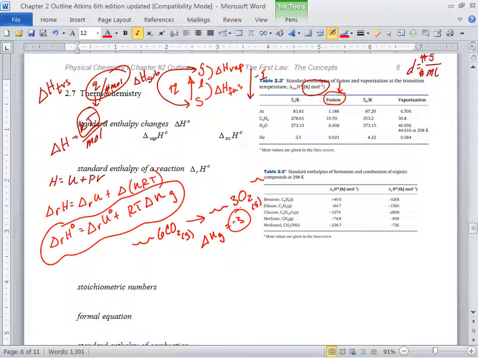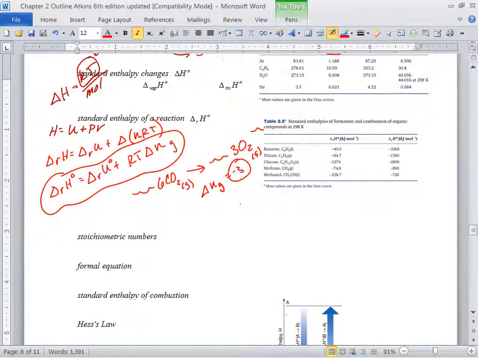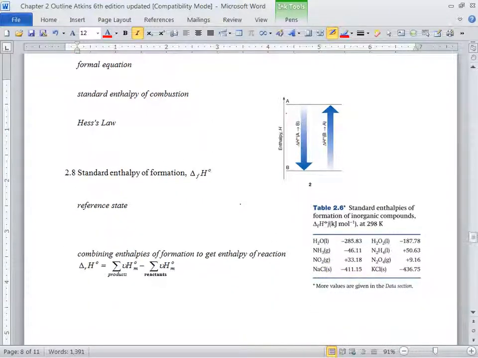Standard, well, stoichiometric numbers, where's that stuff? Like in this reaction I just wrote? The 6 and the 3. I don't know why they call them numbers. Stoichiometric coefficients is what we've been calling them in the past. But I think they bring it up because it's in this expression. We'll get to it, but they're in that expression.